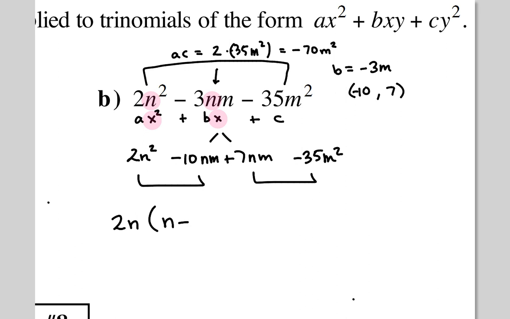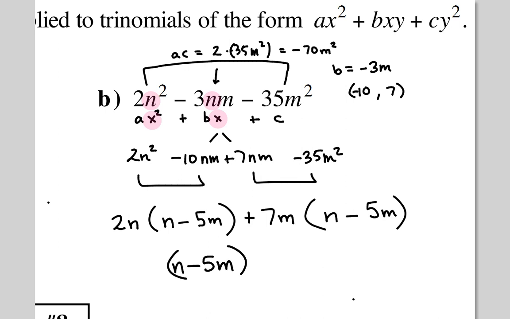You get an N minus 5M. Gotta enunciate. Take out a 7 and an m. Good. And you get n minus 5m, and then you say hallelujah because it matches. Take out the matching binomial, you're left with 2n and the 7m, and you do this little symbol.